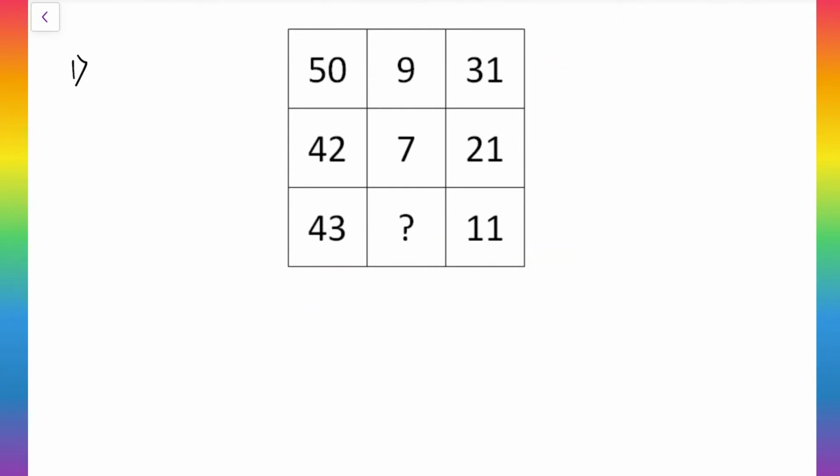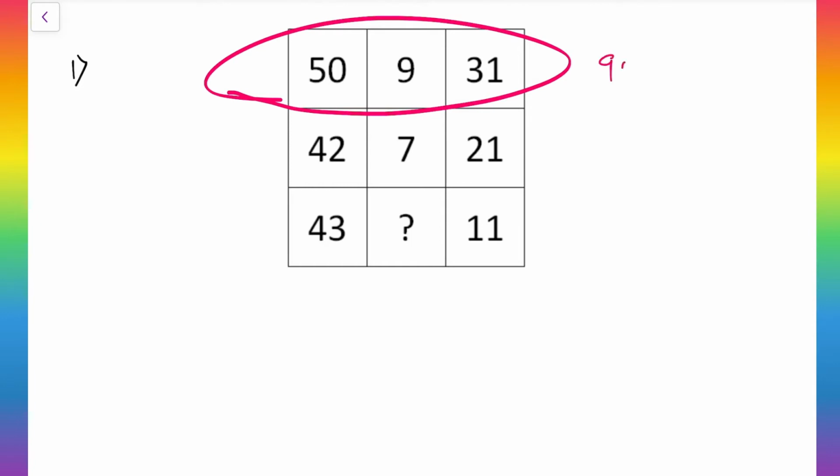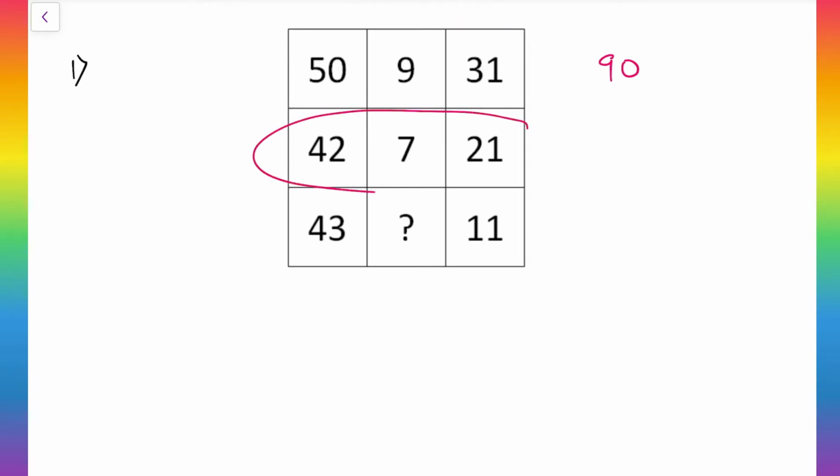Next, I will add the rows. 50 plus 9 plus 31 is 90. The same way I add the second row numbers, it is 70. 90, 70, no logic at all again, so this logic is not applicable.